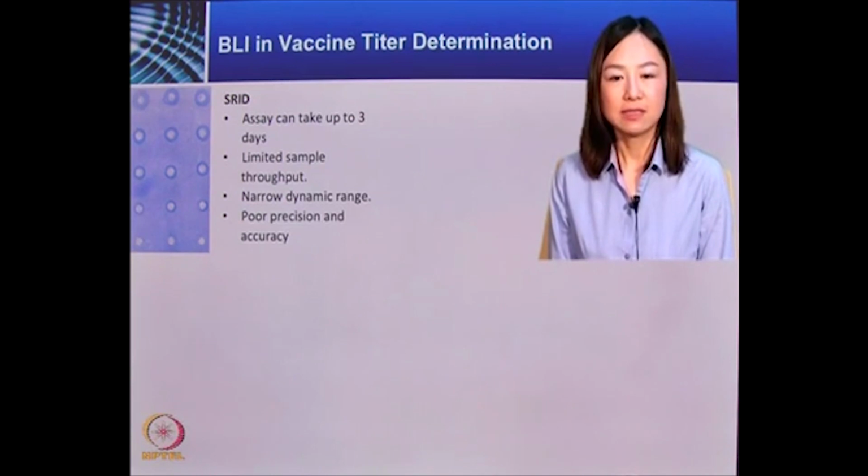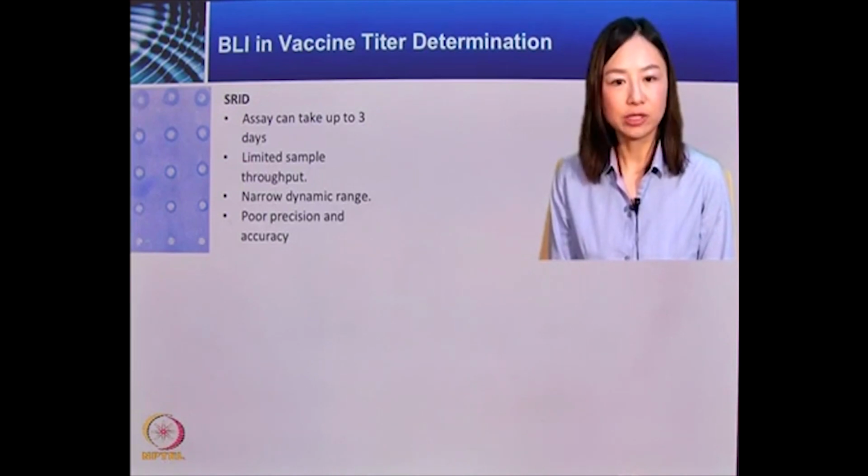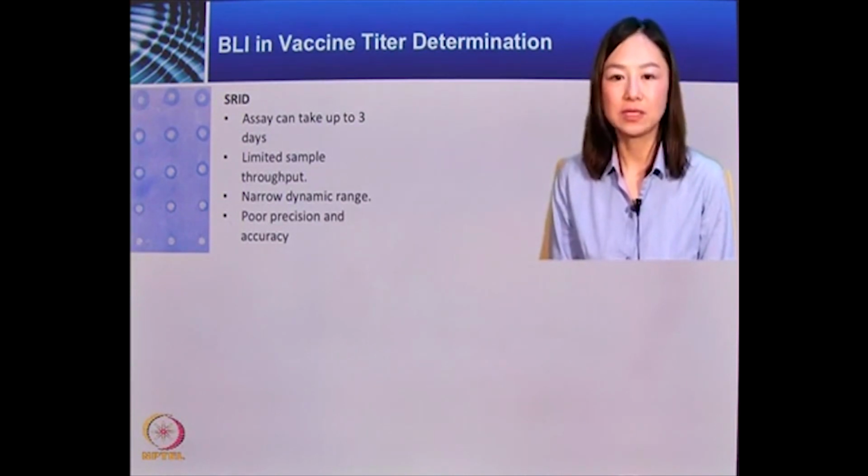Thirdly, the sensitivity and accuracy of the SRID method are limited, and the interpretation of the final results is subject to personal interpretation. So this method may not be a perfect method for determining the virus titer in a sample.